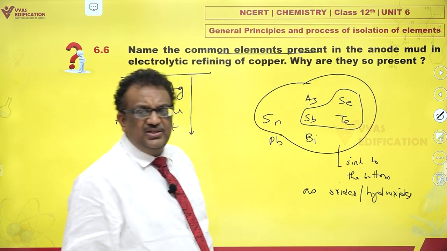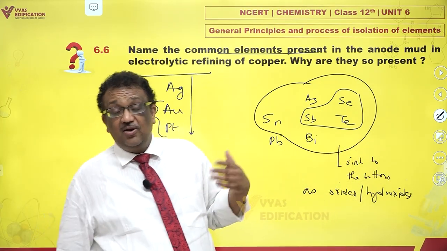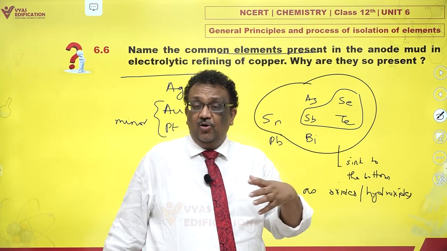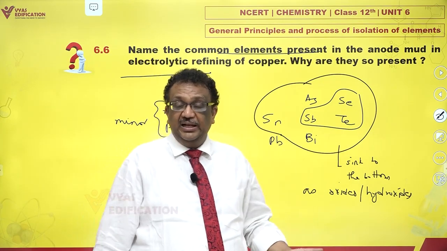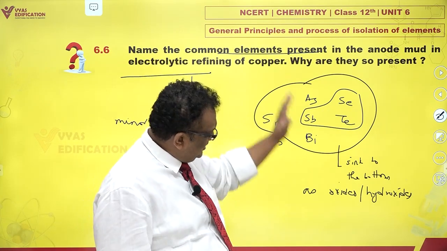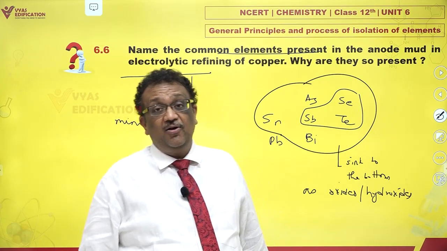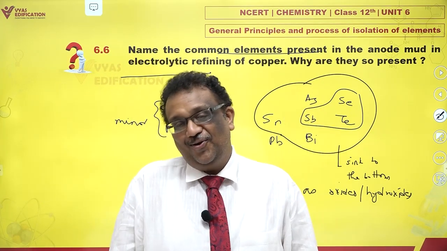See, when they're oxidized to +4 or +5 states, in these states they're all purely covalent. They cannot remain ionic. They can't dissolve as ionic compounds. They get oxidized, they form oxides or hydroxides, they're insoluble, and they simply settle to the bottom. They also constitute a part of anode mud, as they call it.